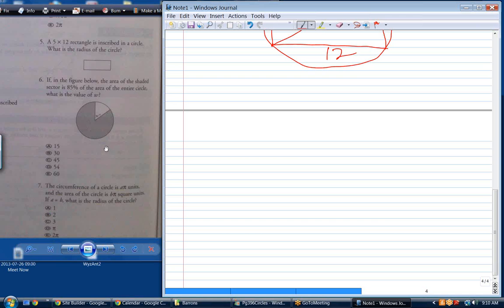Let's look at number 6 here. The area of the shaded sector is 85% the area of the entire circle. What is the value of W? Okay, and this one, I think I would back solve.